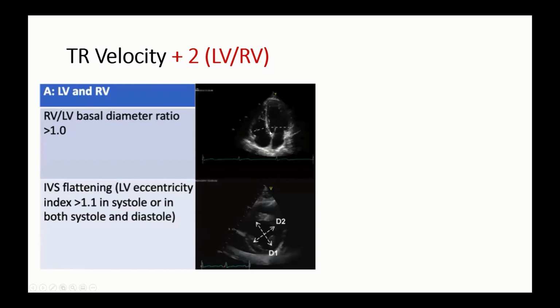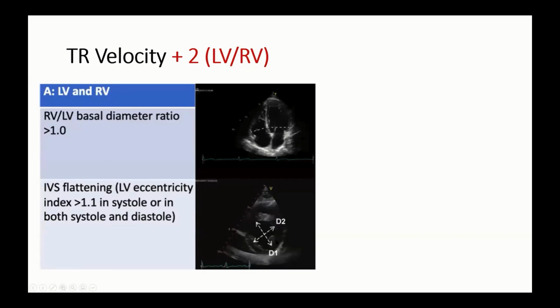Look at the diameter at the valve, and if the diameter you measure at the right ventricle is bigger than the left ventricle, then you get a point. Is there flattening in short axis of the left ventricle?